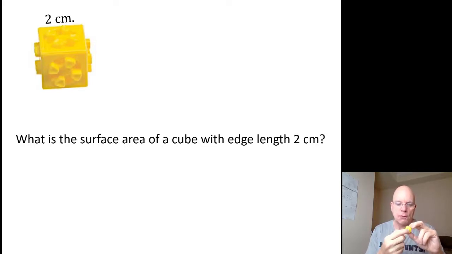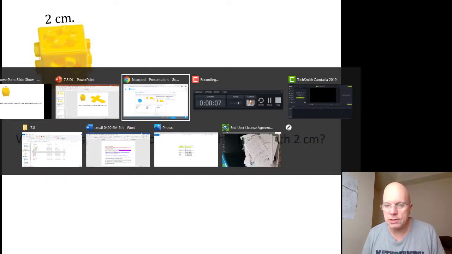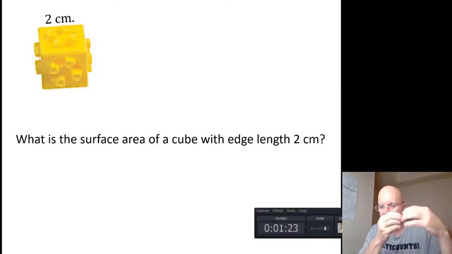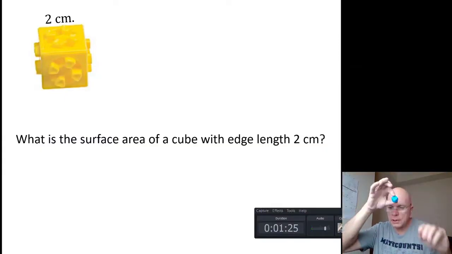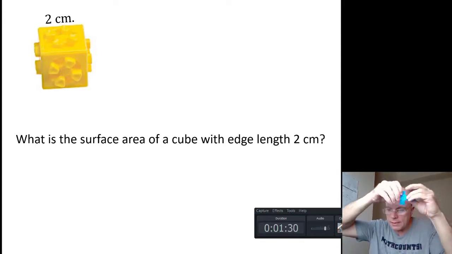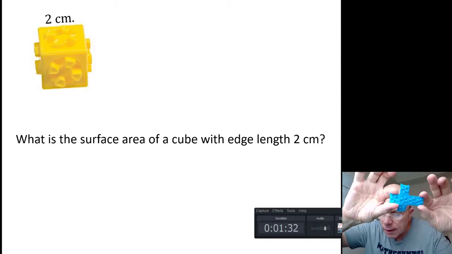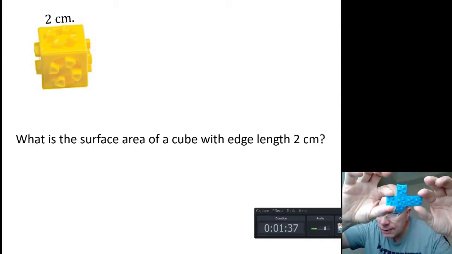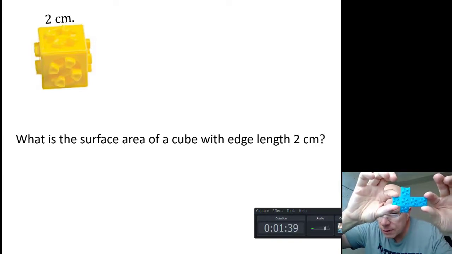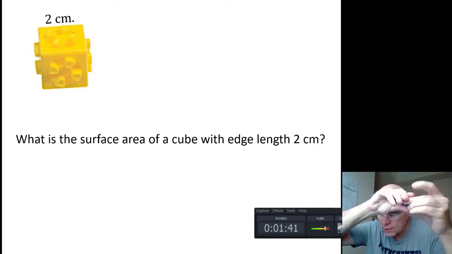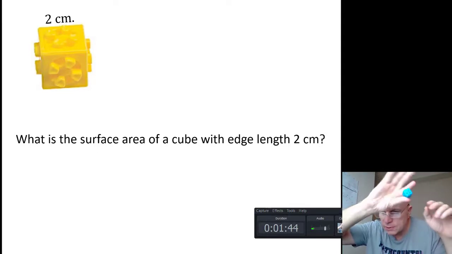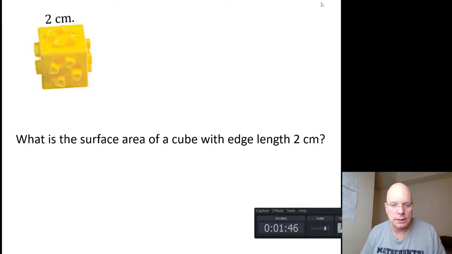And since there are 6 faces making up the surface of that cube, or if I took one of these cubes and I opened it up to see the net, I would know that the net is made up of 6 square faces. And so if the area of any one face is 4 centimeters squared, it must be 24 square centimeters for the surface area of the cube.